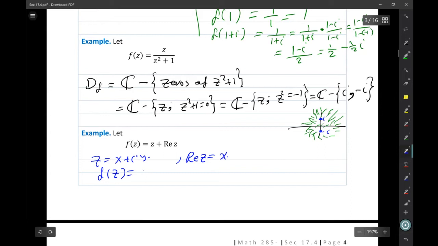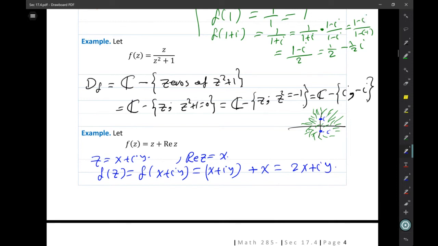So f of z here will be f of x plus iy, which is equal to x plus iy, which is the complex number z, plus real z, which is x, and this gives us 2x plus iy. There is no problem here for this one, so the domain of this function is the set of all complex numbers.